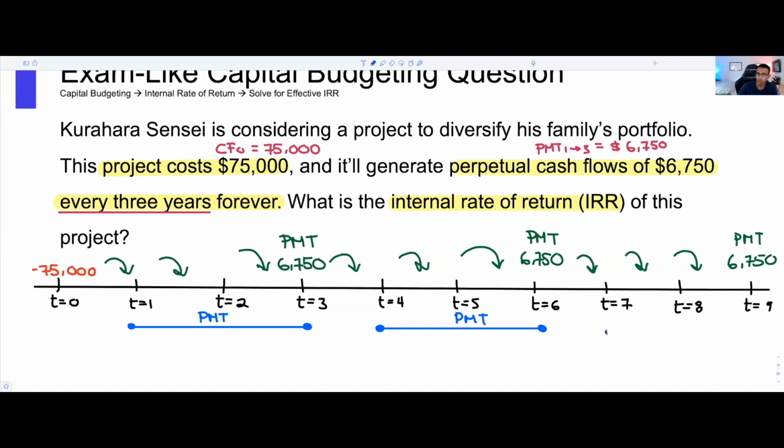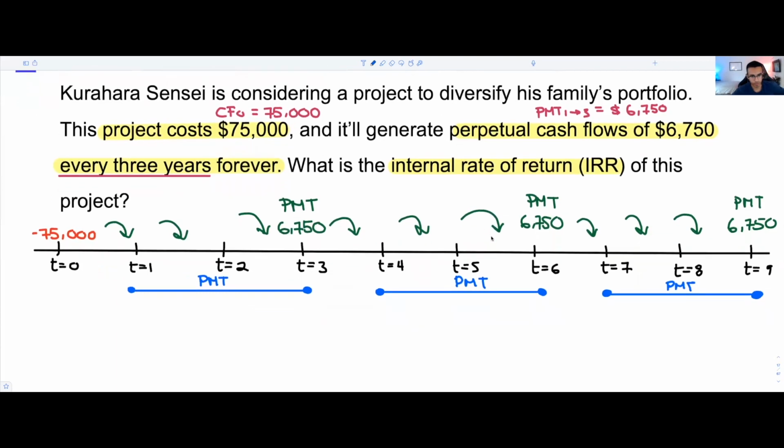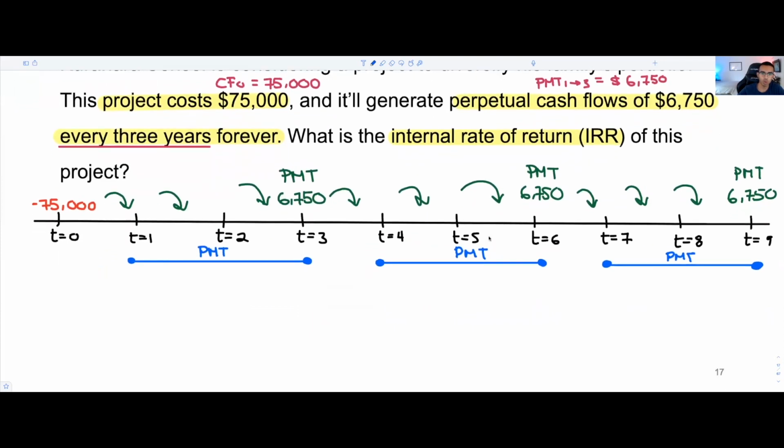Now, we know that this one large payment that spans 3 years, we could set it equal to our initial investment to solve for that given K. So if we were to plug that into our formula, if we want to solve for IRR, we can use a different color here.